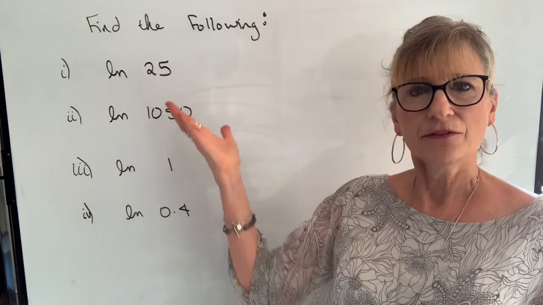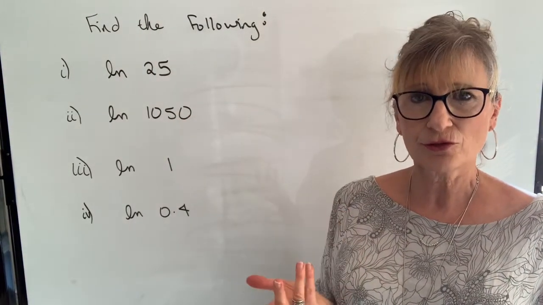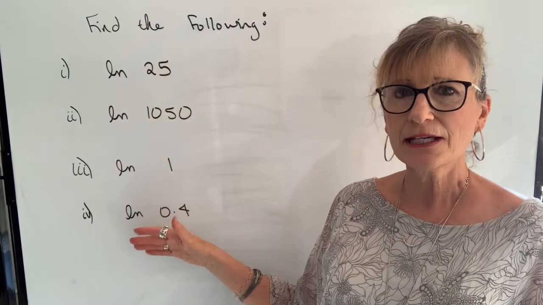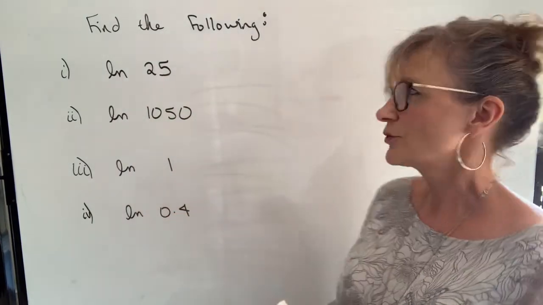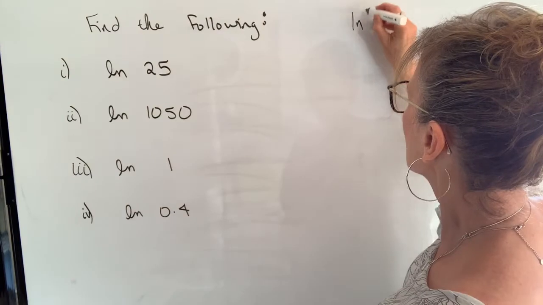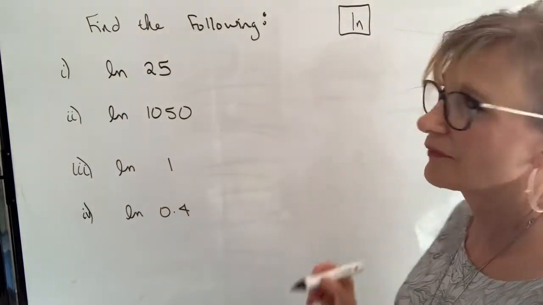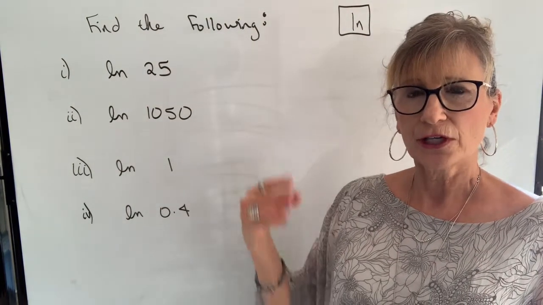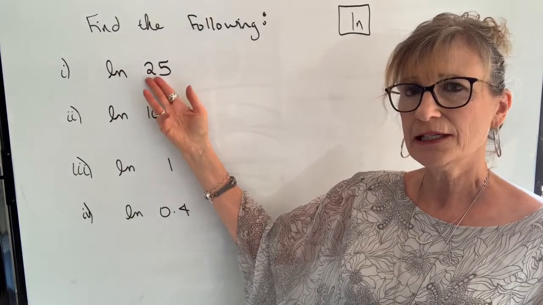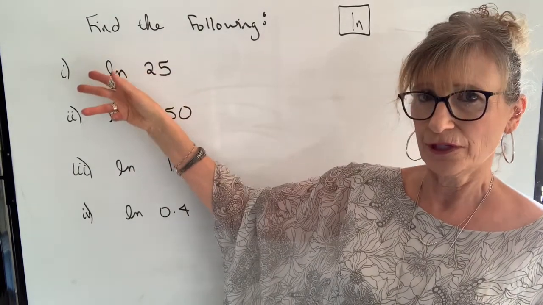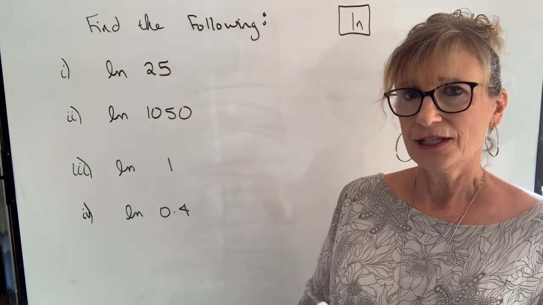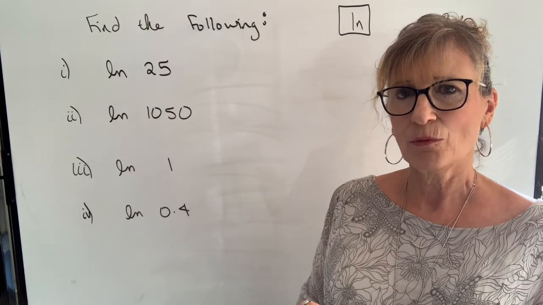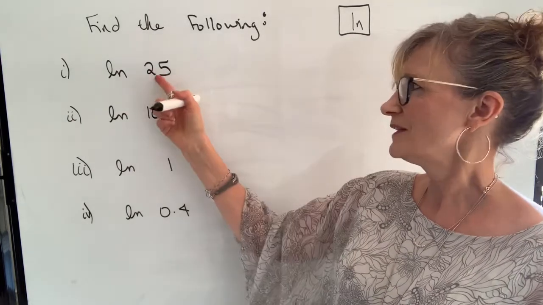You may be given instructions to find the natural log of a variety of quantities, and all you're going to use is your natural log key on your calculator. Some of you will enter natural log and then your quantity. Some will enter the quantity and then the natural log function. In either case, you're finding what power e must be raised to equal 25.